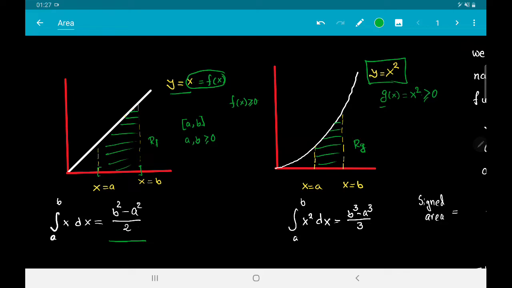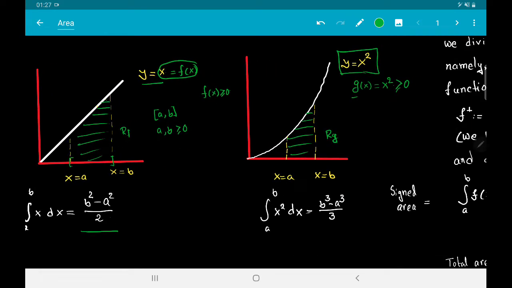So the function g(x) is continuous, and of course it is integrable. So by our definition, the area of the region Rg is given by the integral of x square in the interval a to b, and we have again seen that this turns out to be equal to (b cube minus a cube) by 3.